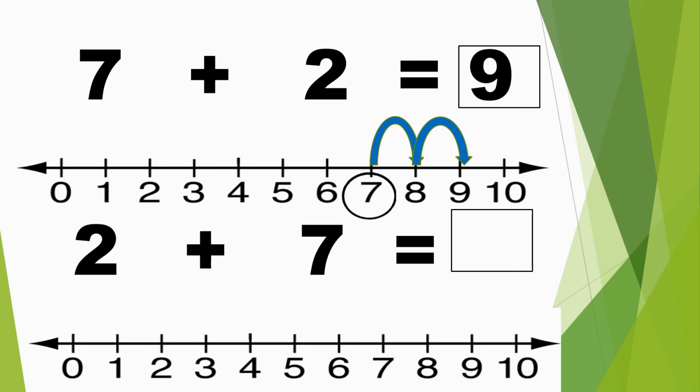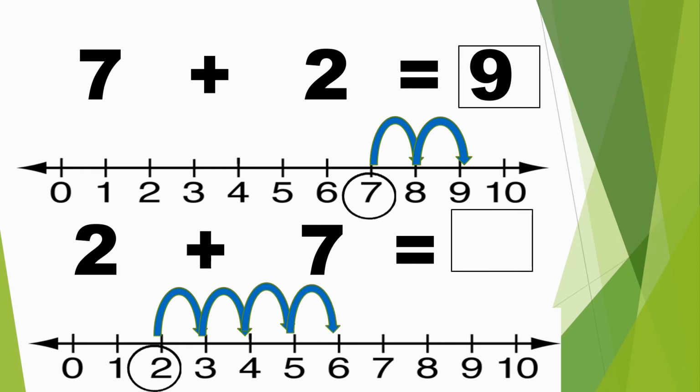So let's hop 7 times. 1 time, 2 times, 3 times, 4 times, 5 times, 6 times, 7 times. I hopped 7 times. I came to 9. So 2 plus 7 is equal to 9. So once again I have 9. So my answer is the same.